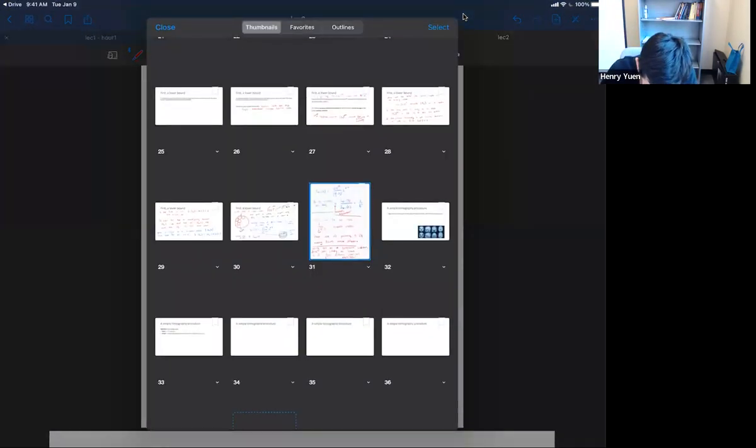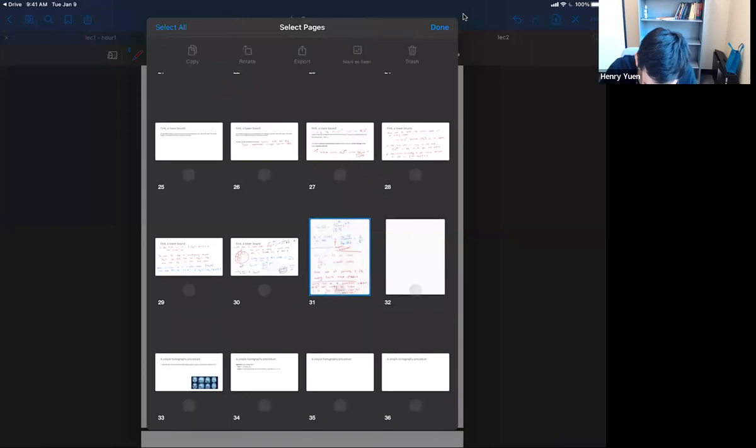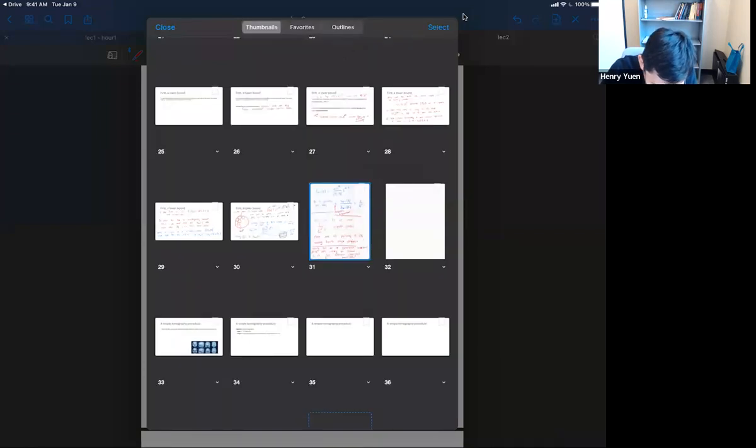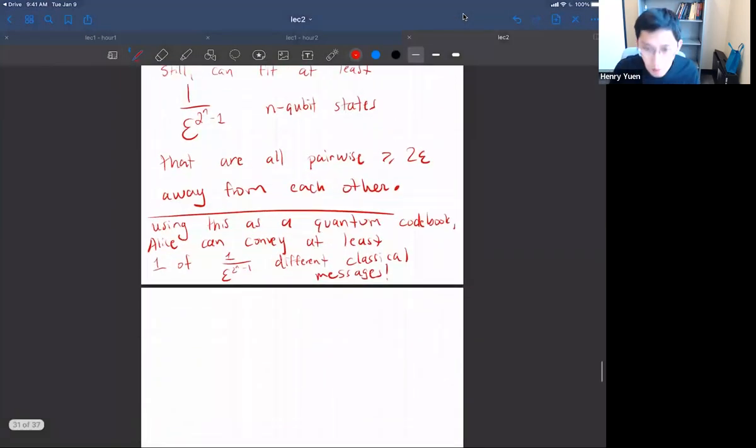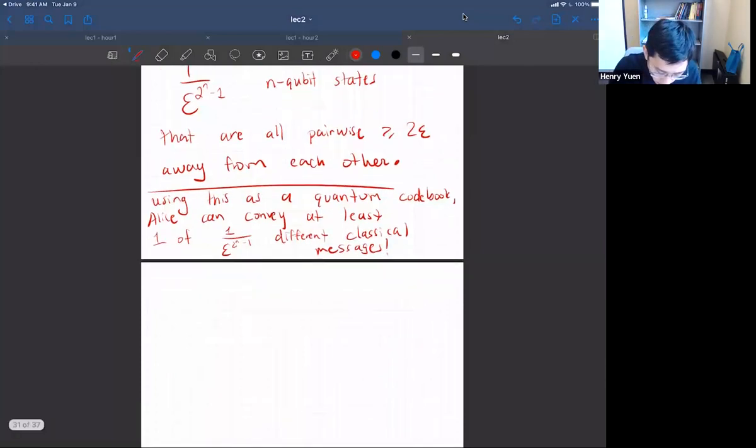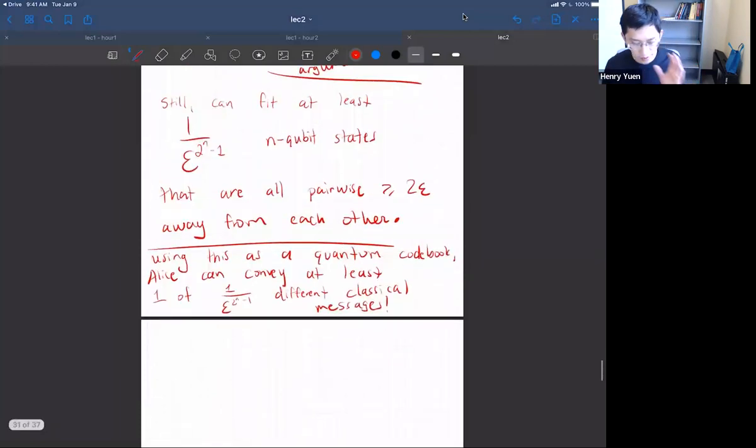Let me add another. Yiming, does that make sense? Okay, great. And here's the thing that's kind of stressed: the space of n-qubit states is huge.